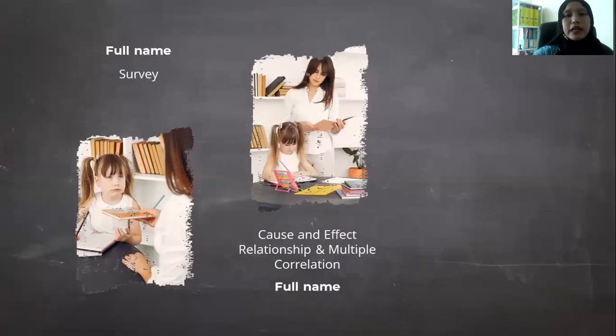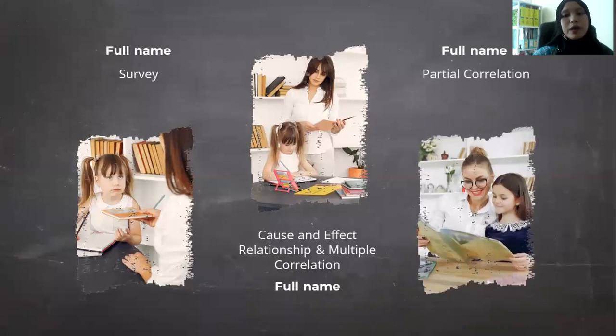We skip factorial design. And then for the correlational one, we have partial, cause-effect, and multiple, and also for survey. I hope every one of you is responsible for presenting, based on your opinion, what you have understood from this explanation and what you have read from the sources I share. And then you could also report this comprehension next week.